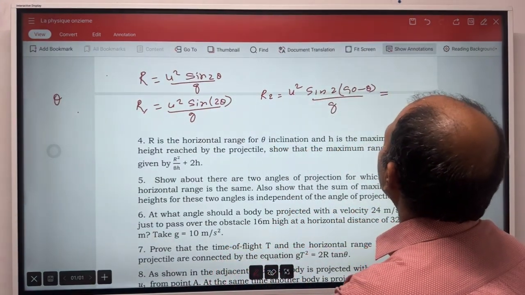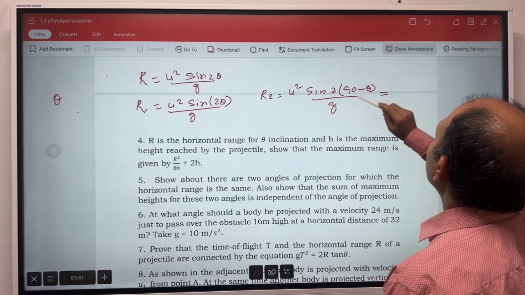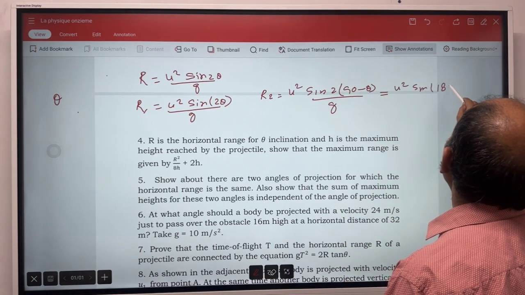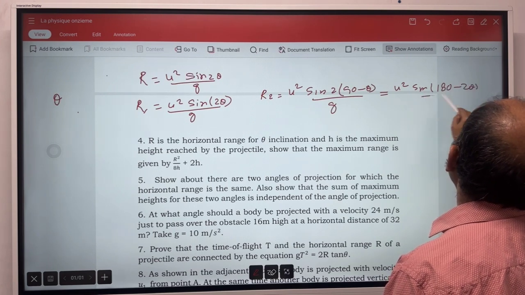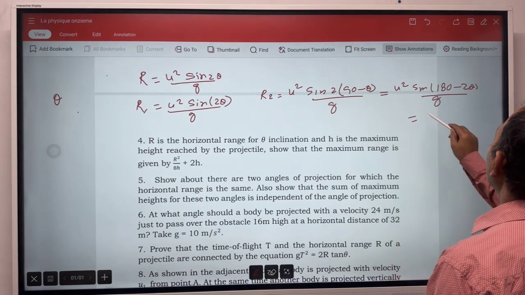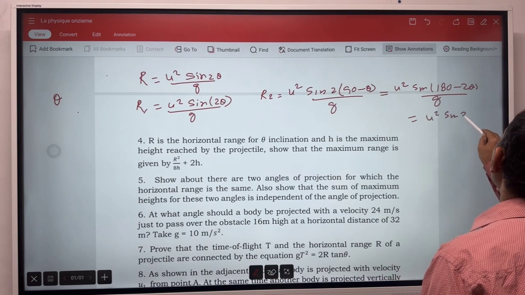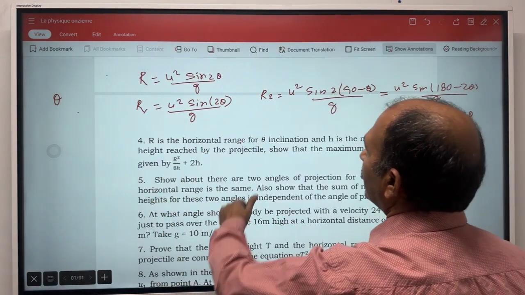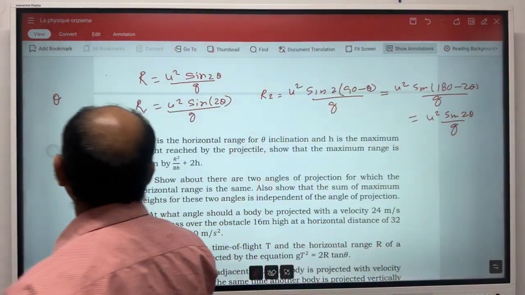Now we further evaluate. So sine 180 minus 2 theta, u square sine 180 minus 2 theta divided by g. And sine 180 minus 2 theta is sine 2 theta, so it will become u square sine 2 theta divided by g. So it is the same. So R1 equal to R2. So the first part is proved.